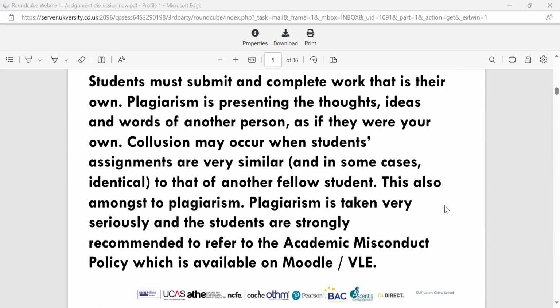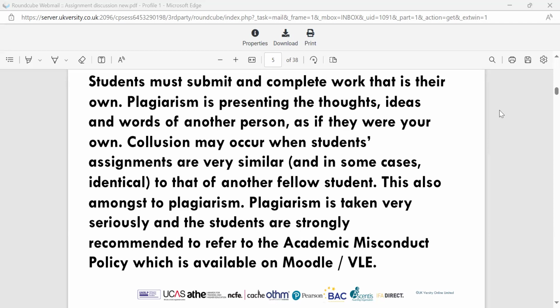Plagiarism and collusion. Students must submit and complete their work. As I've mentioned, collusion and plagiarism is so important. Collusion may occur where your assignments are similar to other students. So you need to make sure that it's taken seriously, and you are referring to the academic misconduct policy, which is available on Moodle for you to refer to, because your awarding body, if there are forms of collusion, then you've plagiarized and you have breached the misconduct policy, and there are consequences of that because you've signed the declaration.